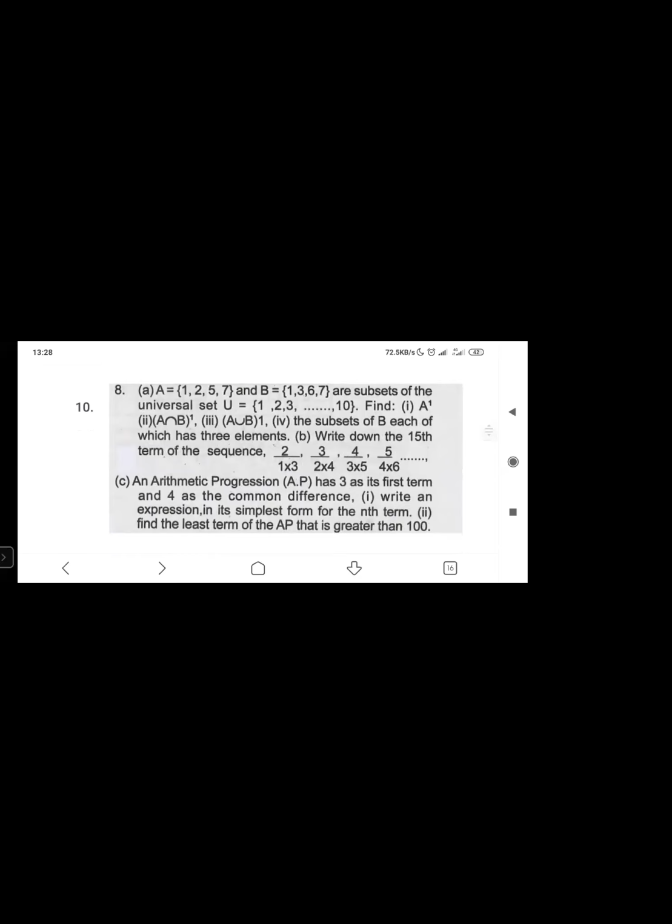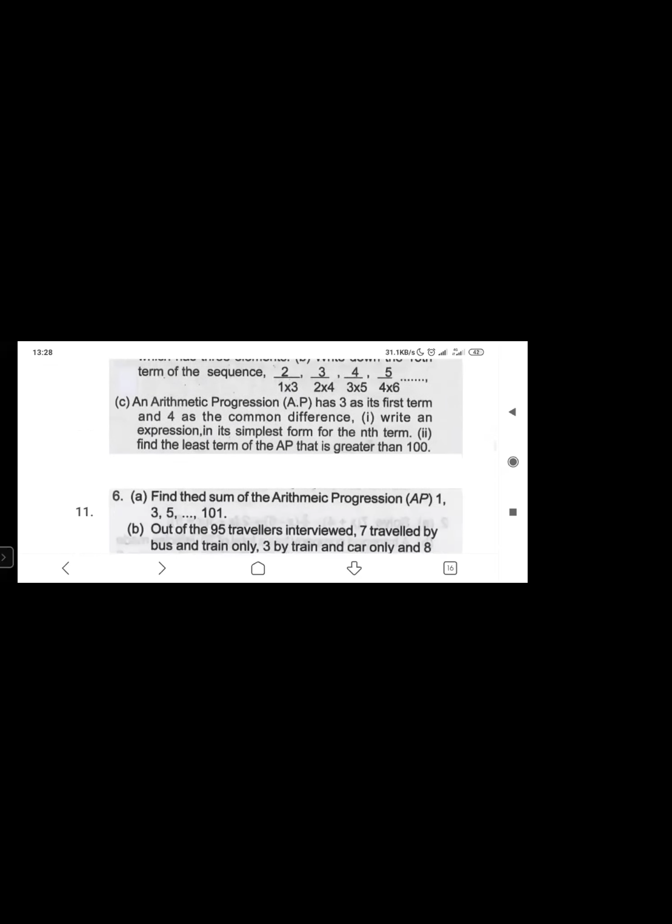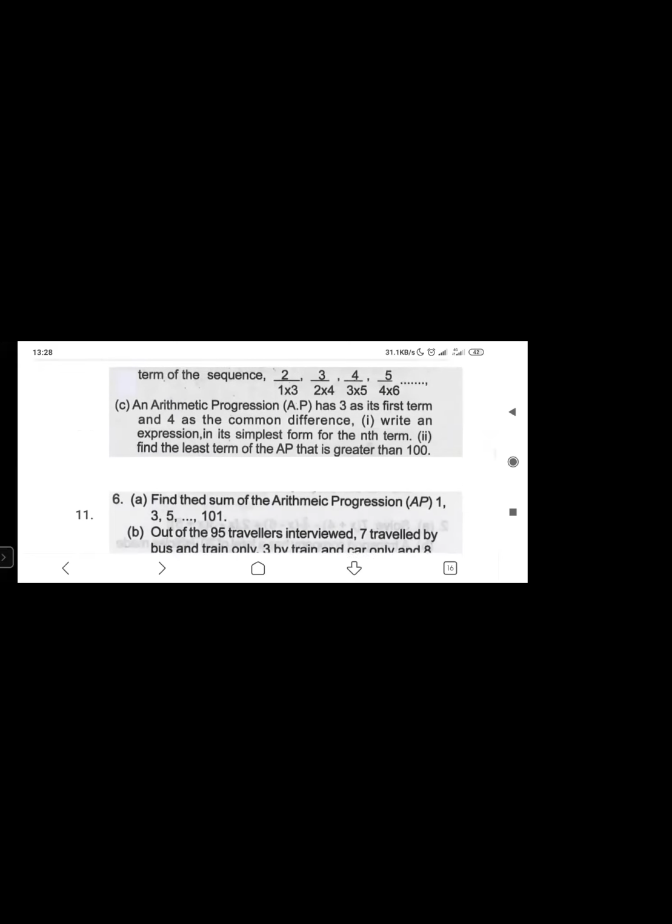Okay, the questions are not even complete. There's no theory questions here. Okay, sorry, theory questions are there. So the questions are 31 in all.